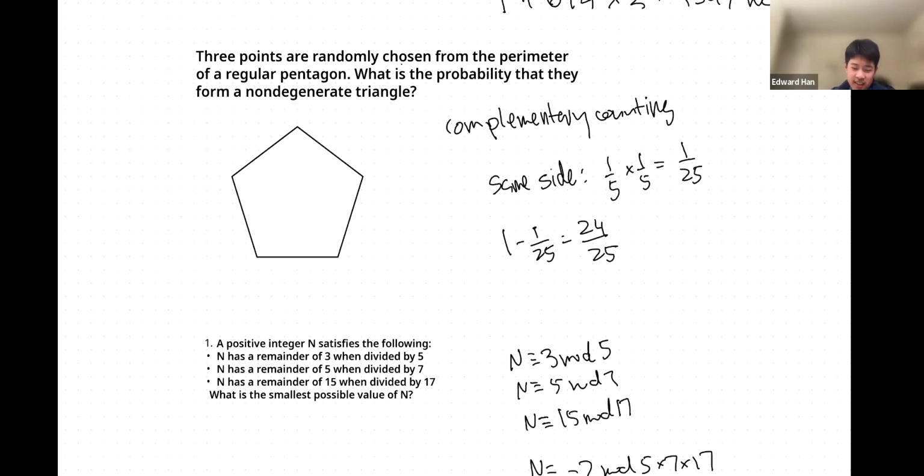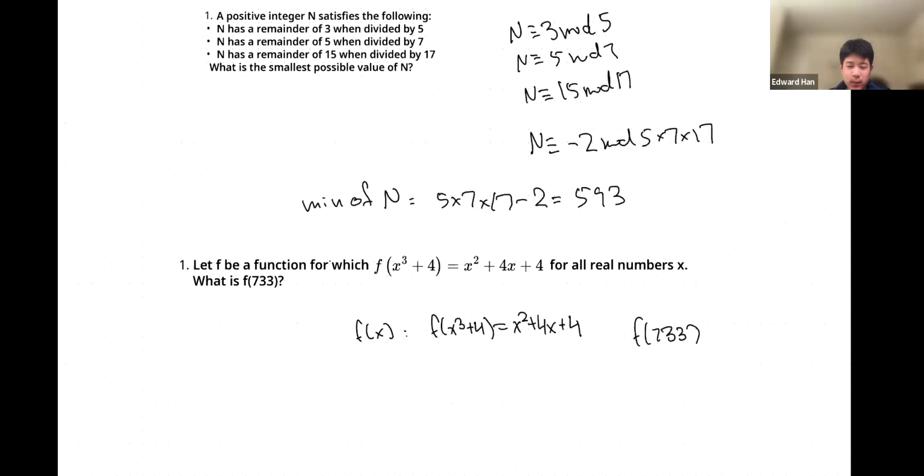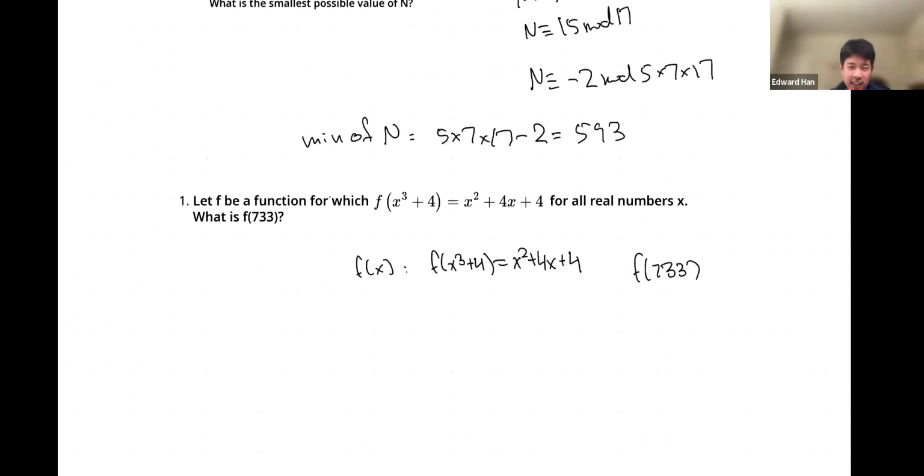So there's again two ways to approach this problem. One of them being to simply try to solve the function and try to find f of x and then plug in 733. But again, that is really tedious and no one wants to do that. So our second way is to sort of fit the 733 into this format here.